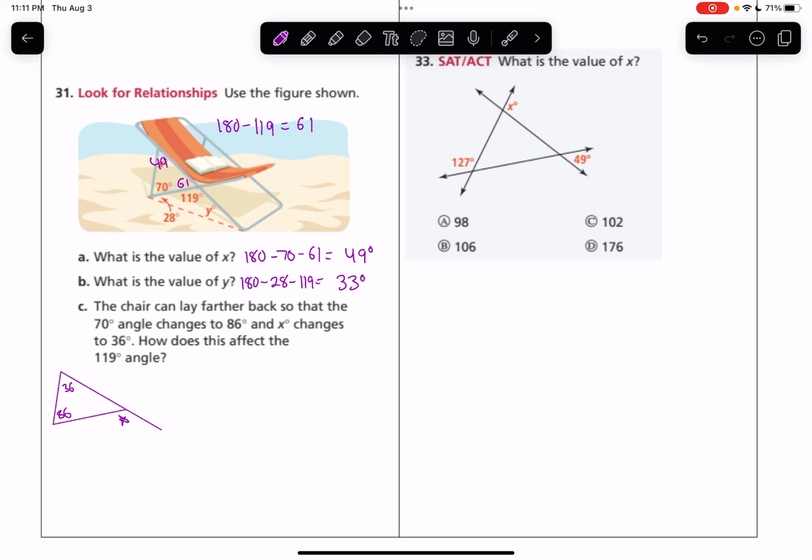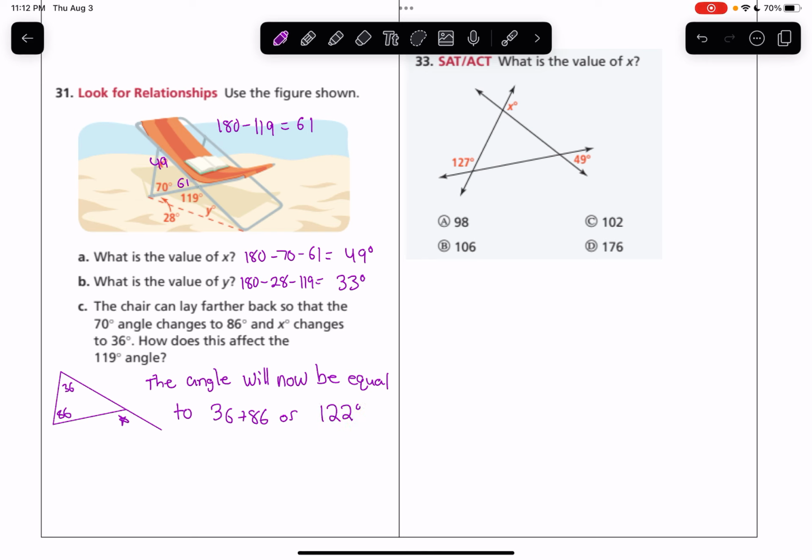Well, now that angle, which is the exterior angle of 36 and 86 as the remote interior angles, will now be equal to 36 plus 86, or 122 degrees.